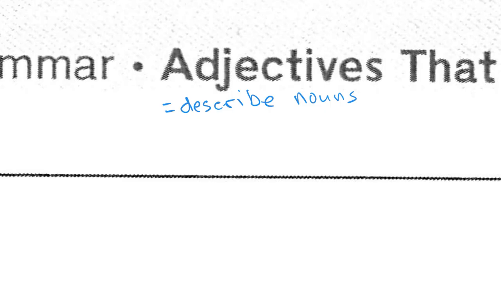So if I were to take something like a noun, like a dog. So this is a noun, okay? A dog is a noun. Nouns are things. People, places, ideas, okay? That's a noun. If I were to describe that dog, maybe I describe its color and I say it is a brown dog. Well, brown would be an adjective.